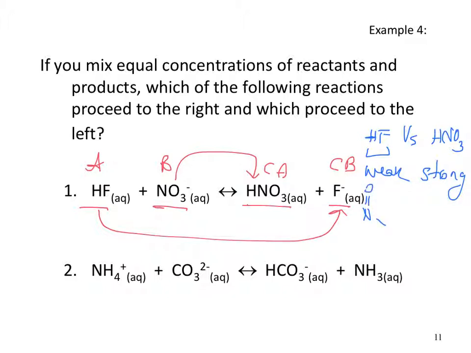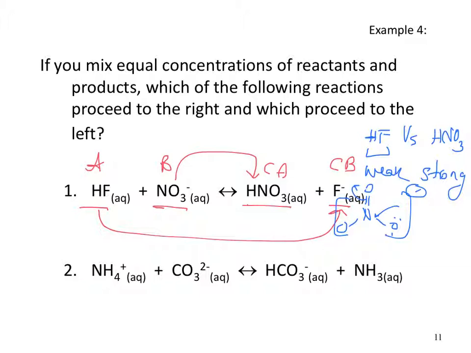Another way to take a look is nitrate. If you take a look at the Lewis structure, negative charge, from your general chemistry 1, realize that there is resonance, right? And if there is resonance, that means you're going to have a delocalization of the charge. That means that negative charge is not really on one oxygen atom, it's actually spread over all three.